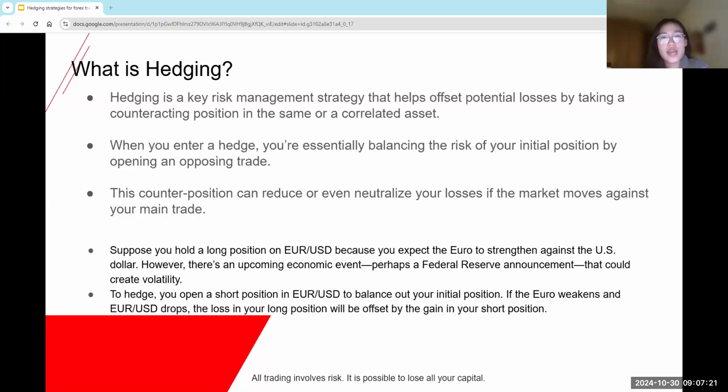So if the euro weakens and the euro dollar drops, the loss in your long position will be offset by the gain in your short position. So in essence, your potential loss is minimized because gains from one position offset losses in the other. So this kind of balance helps protect your capital and keeps your portfolio steady through unpredictable movements.